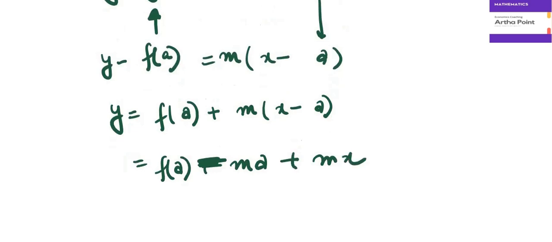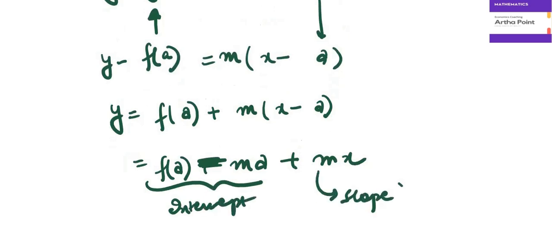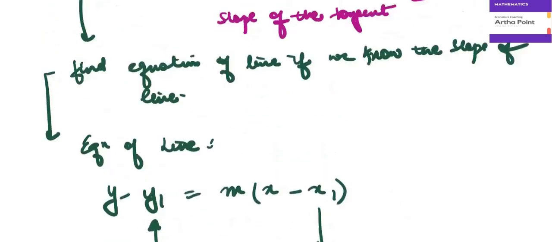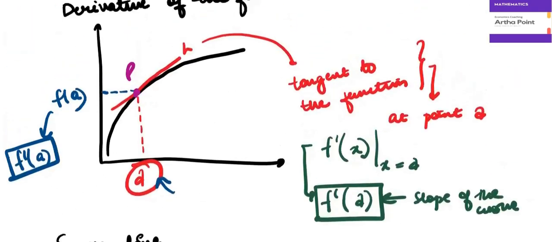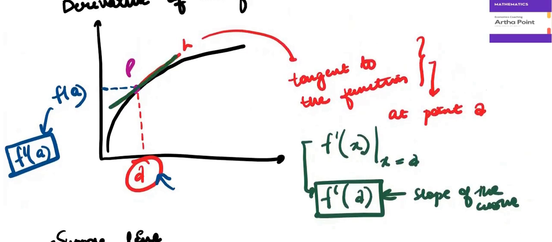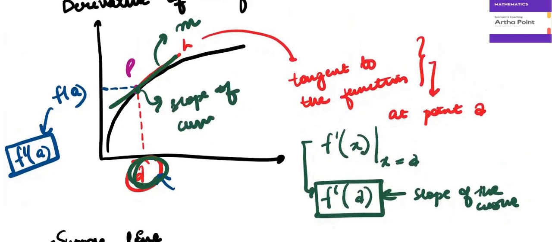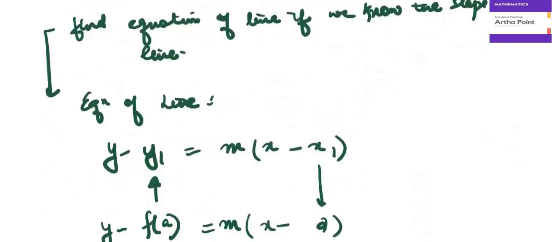So this part, f of A minus mA, will be the intercept of this line and the slope of the line will be m. So whatever line passes through that point, whatever is its slope at point A, that becomes the slope of the curve also. And to find the slope, we just have to differentiate the function.